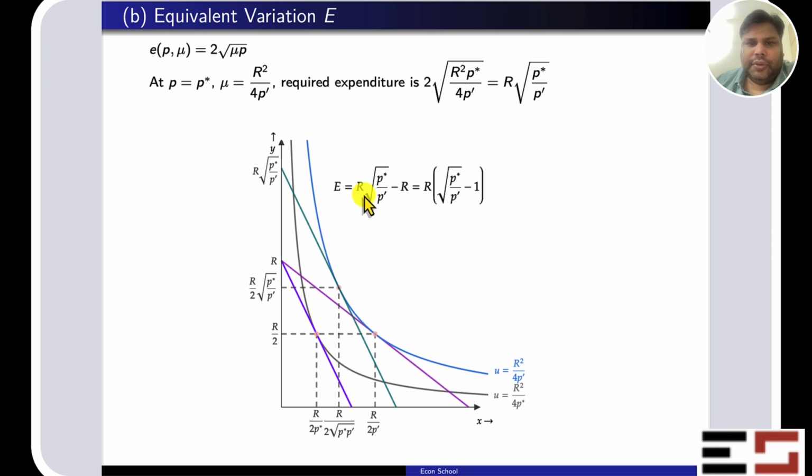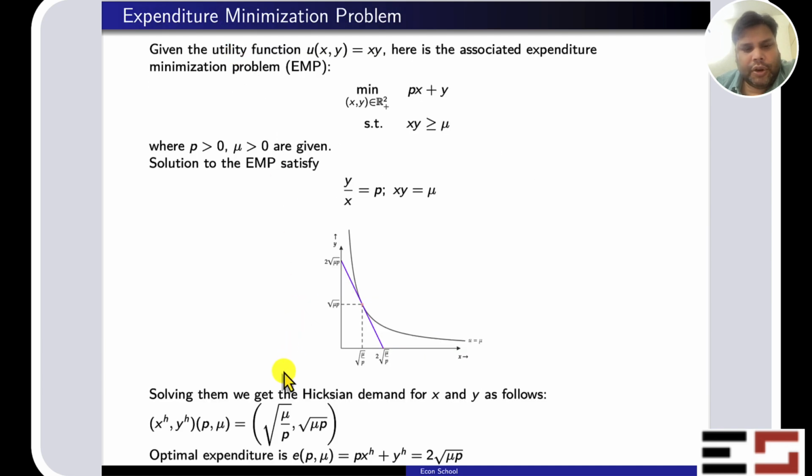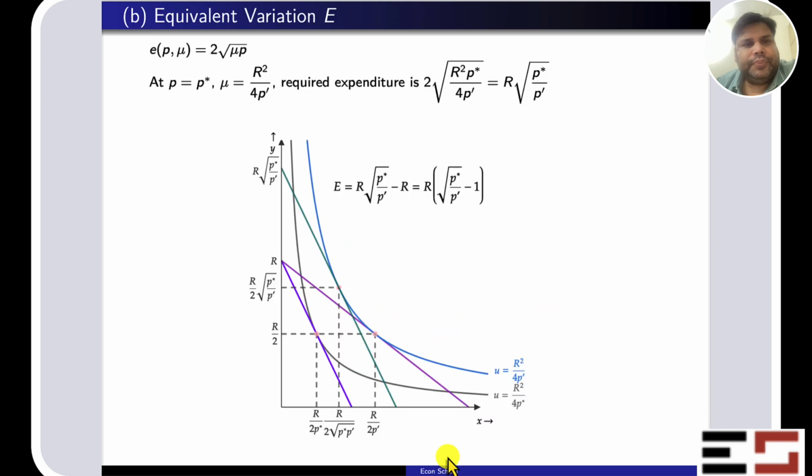So if you just subtract this from this, you will get R into root P star by P prime minus 1. Okay. This expenditure function is something that we have already learned how to solve for the optimal expenditure. This is actually coming from here. Okay, so this is the value of E, or equivalent variation, R into root P star by P prime minus 1.